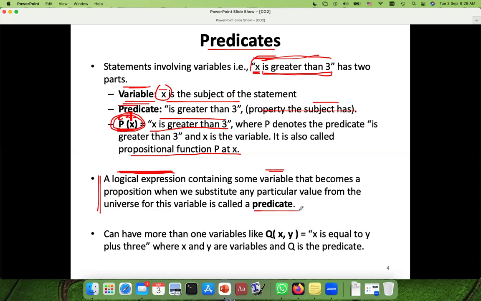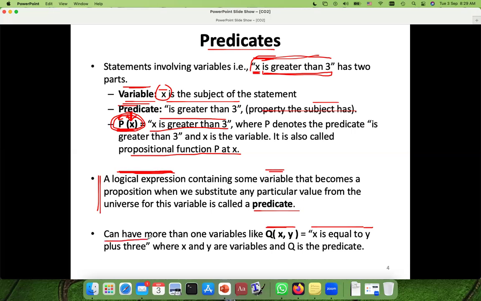Now we can also use any number of variables within these parentheses. In this example we have only one variable, but you can also write something like Q of x comma y. And this is for a sentence like x is equal to y plus 3.